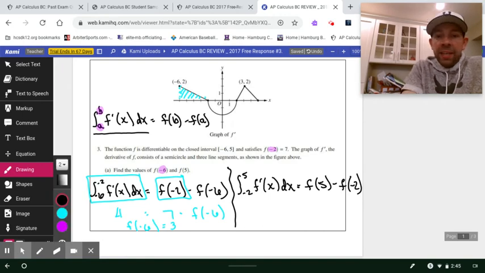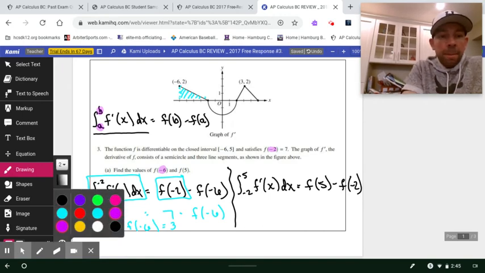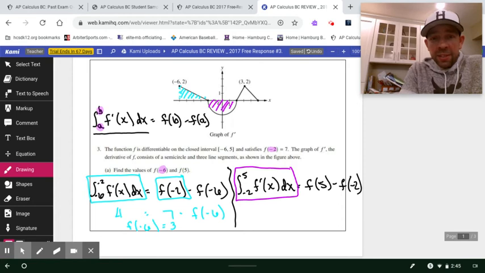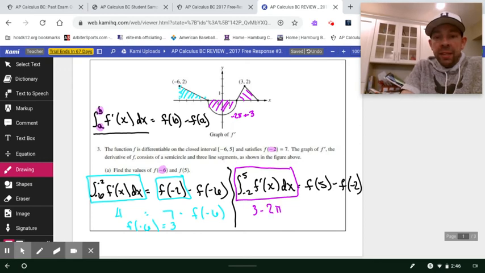Now, when I find the area bounded between f prime and the x-axis from -2 to 5, I've got the semicircle that's below the x-axis. That's going to be -2 pi because it's below. And then I've got this triangle that's above, which is going to have an area of about 3. So we could say 3 minus 2 pi is that integral.